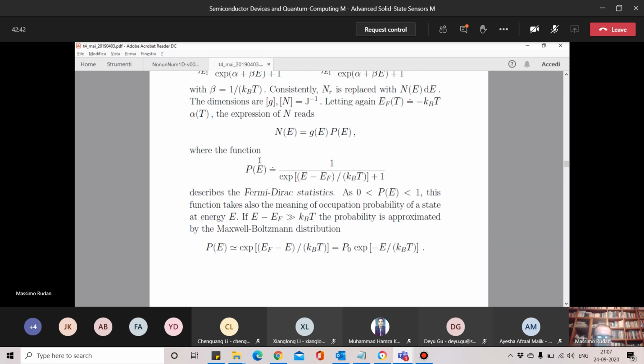So this function is always positive and is always smaller than 1. In conclusion, we can consider it properly as a probability, okay? It takes the name of Fermi-Dirac statistics because it was found independently by Fermi and Dirac.